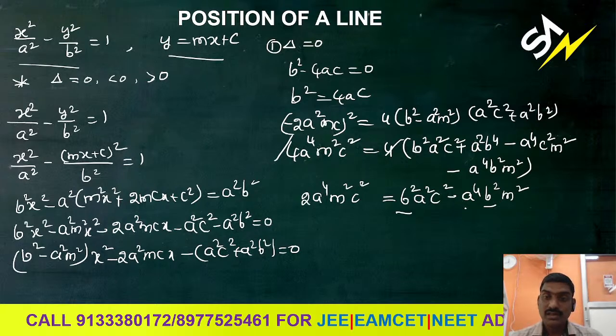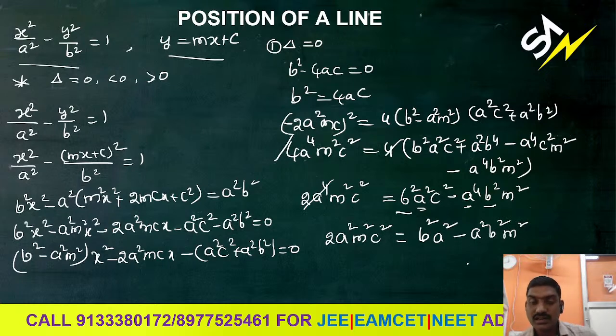And the remaining, here we have a power 4, here we have a square. So a square could be cancelled. Then what do we get? 2a square m square c square is equals to b square a square minus a square b square m square.